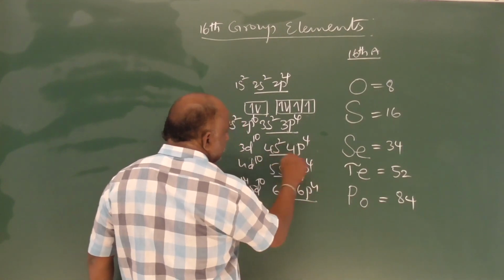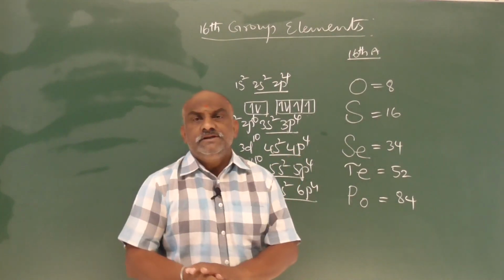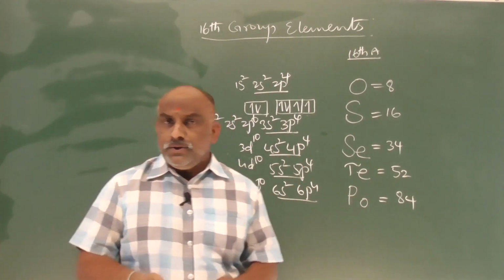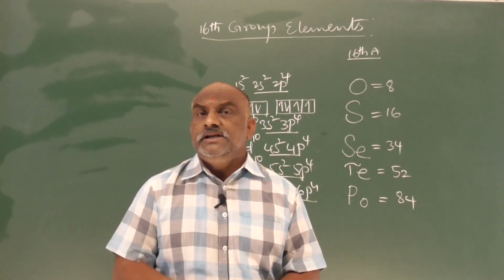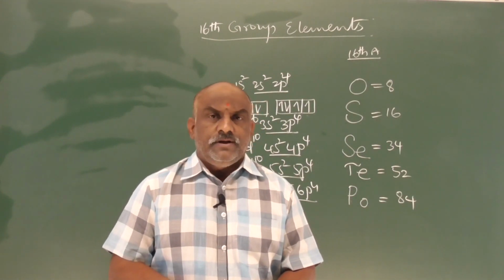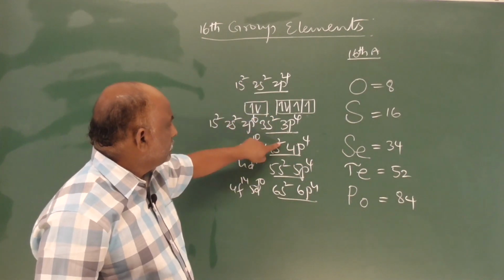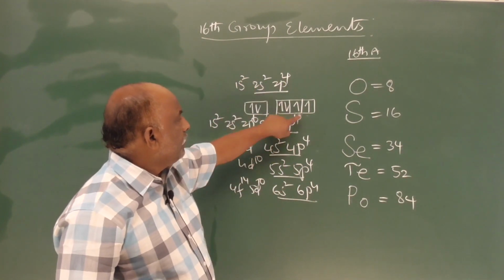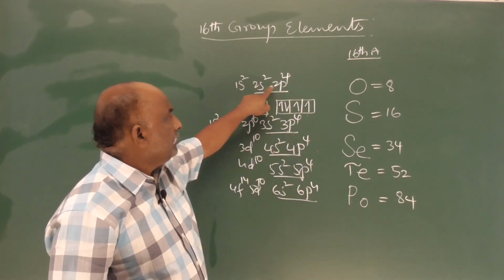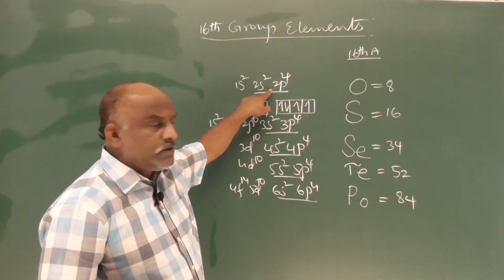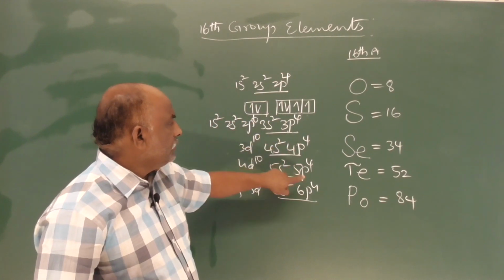Observing these electronic configurations of the 16th A group elements, we should write the general electronic configuration: s orbital 2 electrons, p orbital 4 electrons. Only the principal quantum number changes: 2, 3, 4, 5, 6.